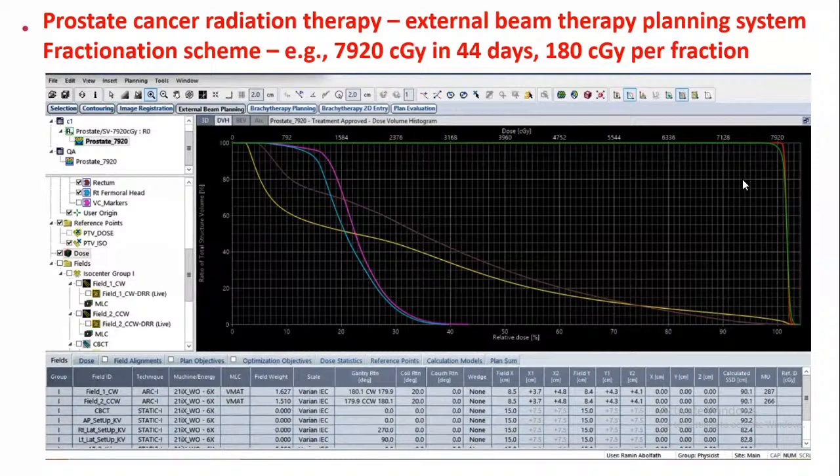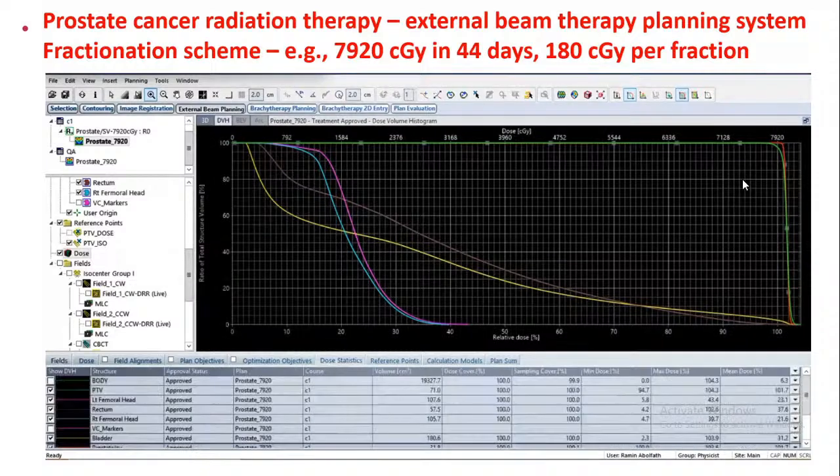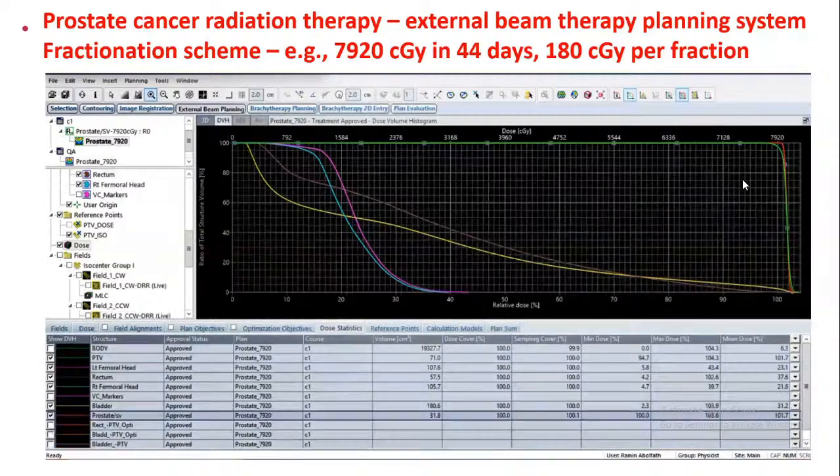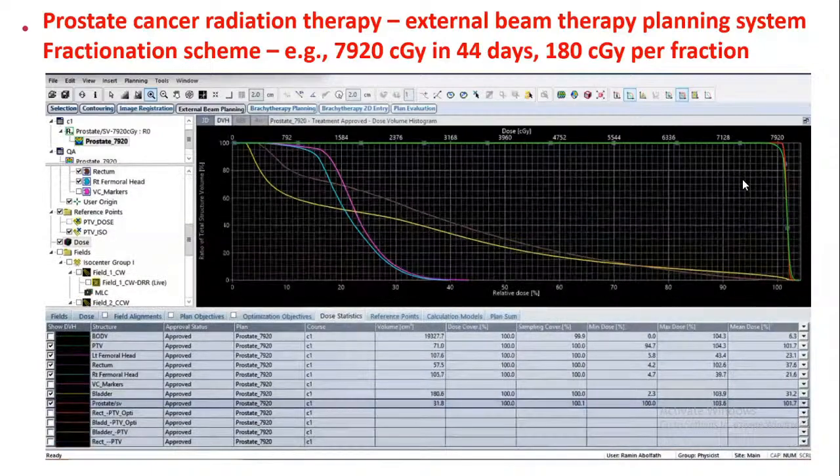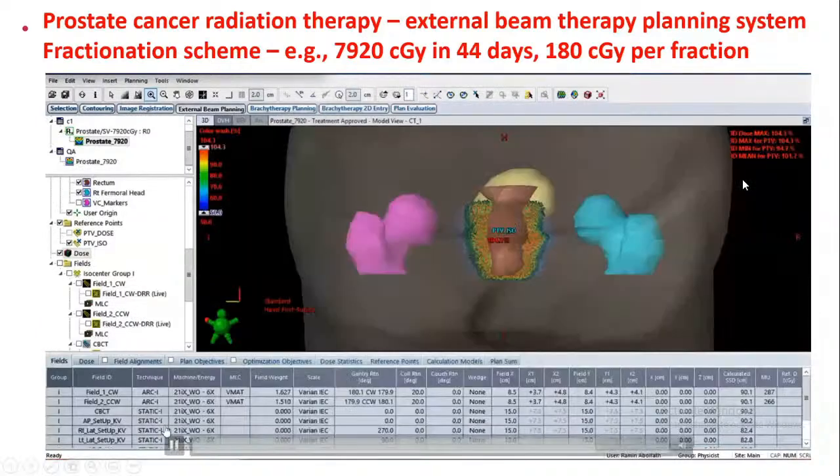And here is a histogram of the exposure to every tissue, such as bladder or rectum. And so we use this as a measure of, if you wish, toxicity to these organs.